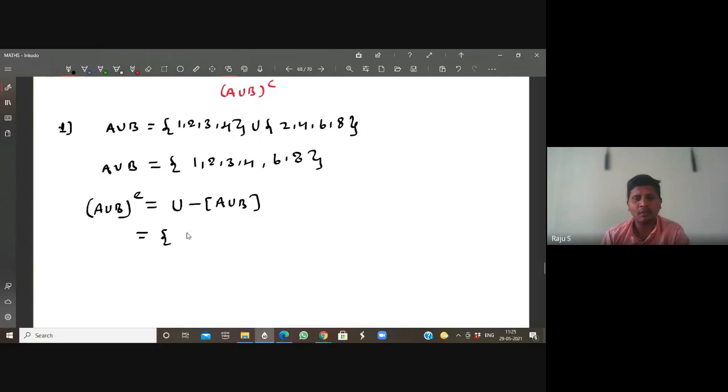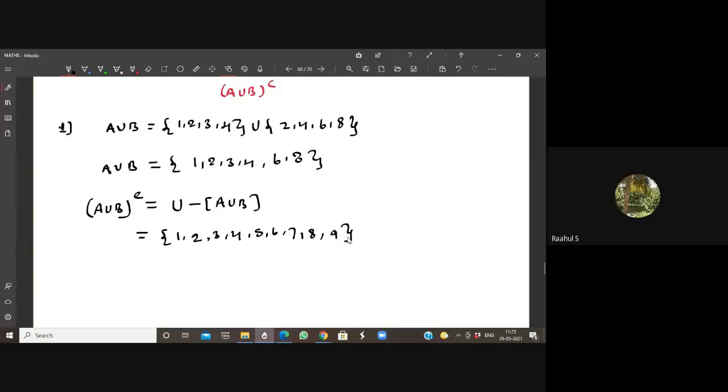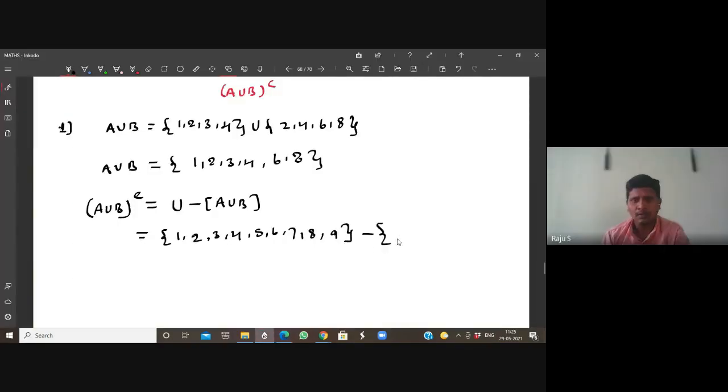In NCERT, if you want to write, you should write like this. First, substitute and write the universal set 1, 2, 3, 4, 5, 6, 7, 8, 9. Minus A union B, that is 1, 2, 3, 4, 6, 8. Like that you can write. After that, you should cancel 1, 2, 3, 4, 6, 8.